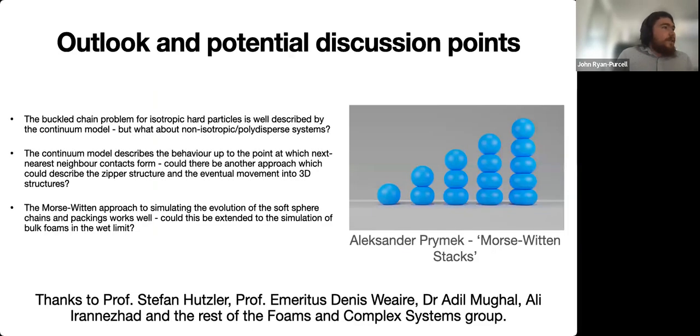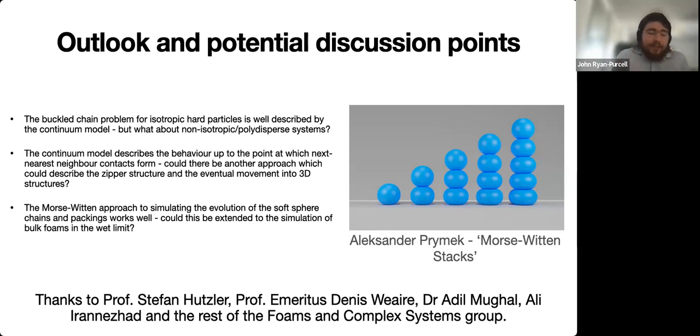A quick summary then, and I decided to include in this summary some potential discussion points for the talk afterwards. We talked about this buckled chain problem, and we implemented this continuum model for it. But one of the problems with it is that it obviously doesn't quite go far enough, right?